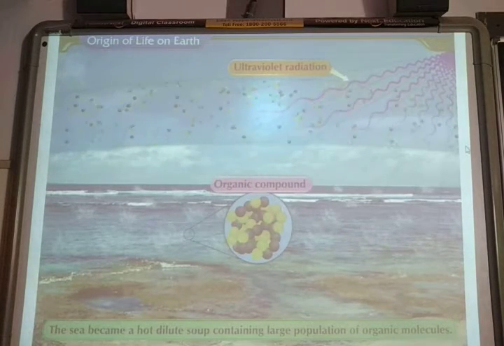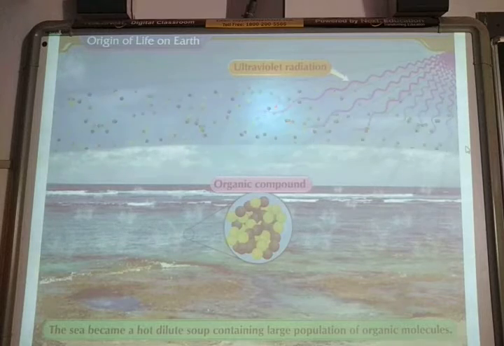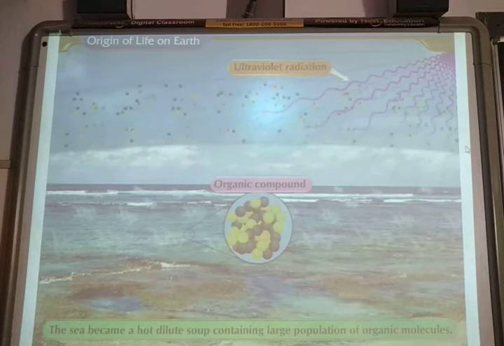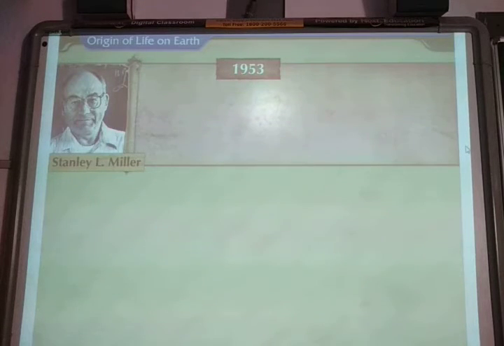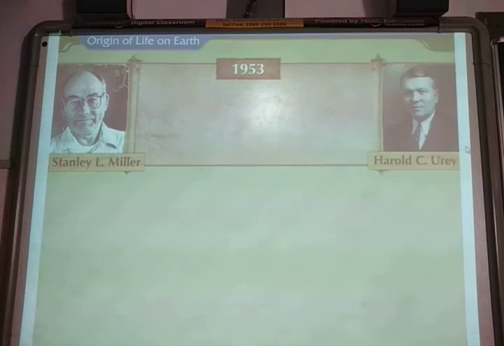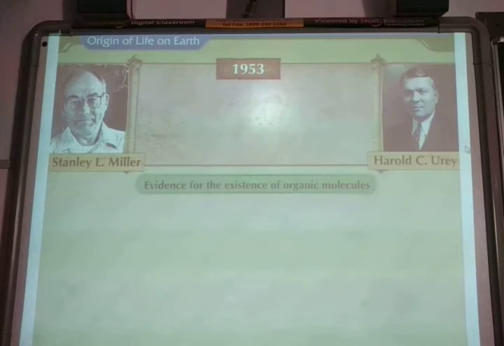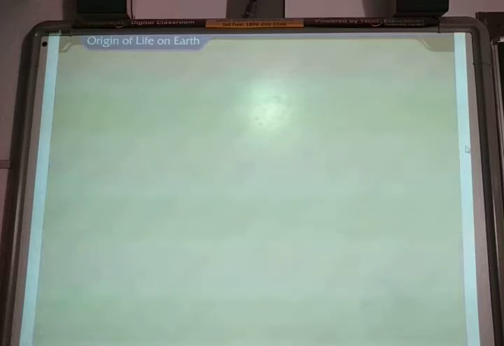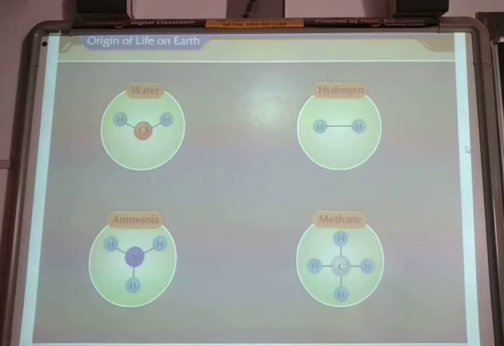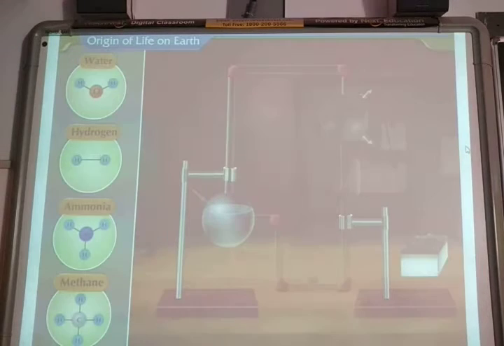How did these complex organic molecules arise? In 1953, Stanley L. Miller and Harold C. Urey provided the evidence for the existence of organic molecules. Miller took molecules which were believed to be present in the atmosphere of the early Earth and put them into a closed system.